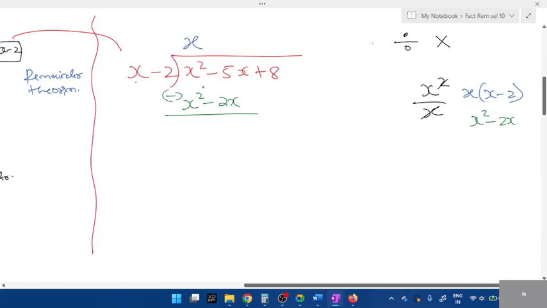Plus becomes minus so that you can cancel. Minus becomes plus. Cancel this. What is plus into minus? Minus. 5 minus 2 is 3x. 5 is greater, so minus 3x. Done. Bring this 8 down. So the first cycle is done.